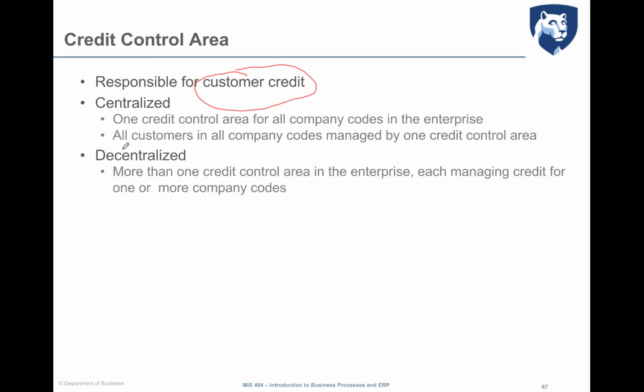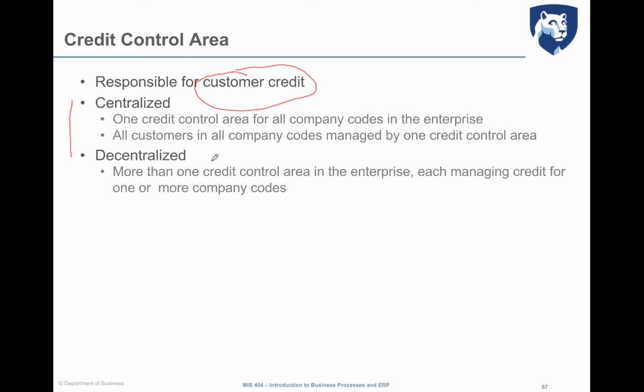There are two options through which the company can decide to manage the credit control. One can be the centralized option, in which a single credit control area analyzes the credit for customers across all company codes in the enterprise. So there is one manager, assisted by more people, who take care of all the customers of all the companies and check the credit worthiness of all of them.